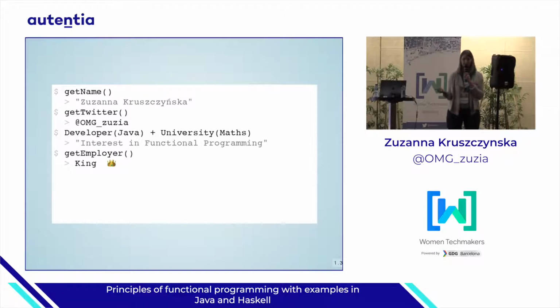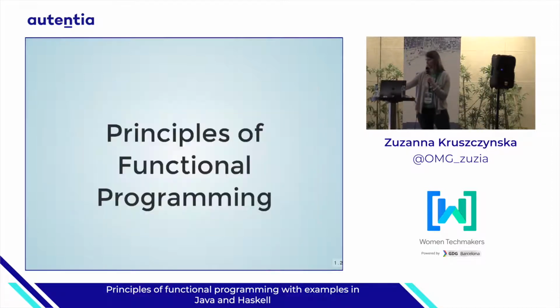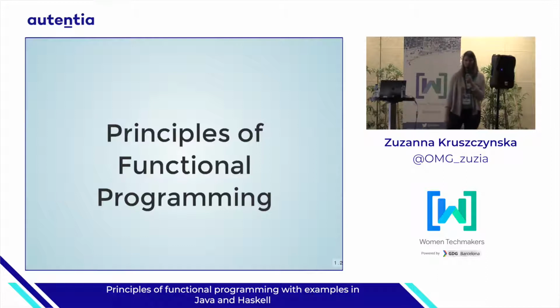And I started realizing what this course was about because I started seeing the problems that Lambda Calculus with functional programming would take away from me. And I got interested in functional programming, rediscovering this course that I took. So that's why my talk today is about principles of functional programming.